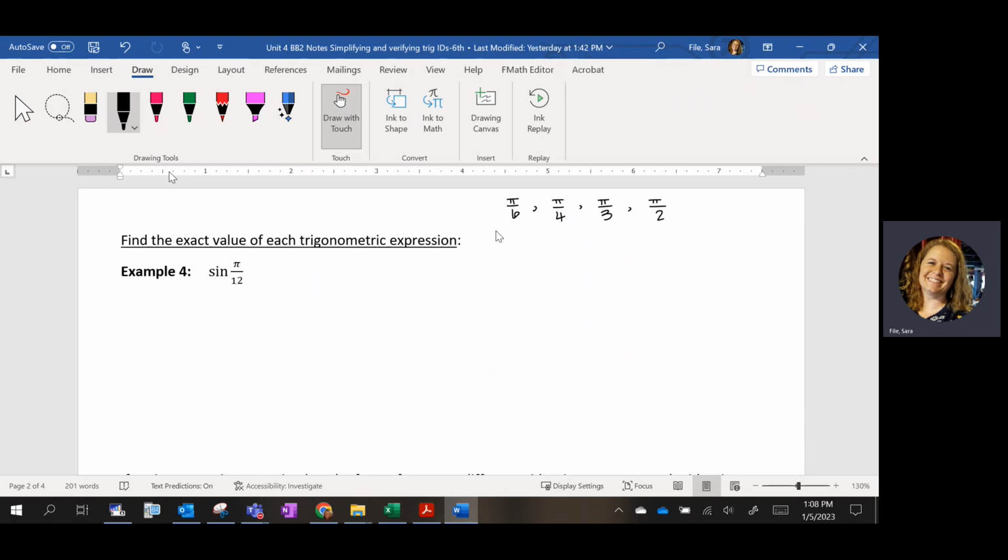I'm going to rewrite those as twelfths so that I can see them broken down to see what could add or subtract to 1 pi twelfth. So what would pi sixths be as twelfths? What would pi fourths be as twelfths? And pi thirds? Oops, started to write it as a third again.